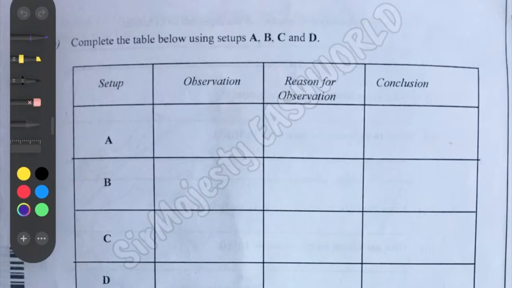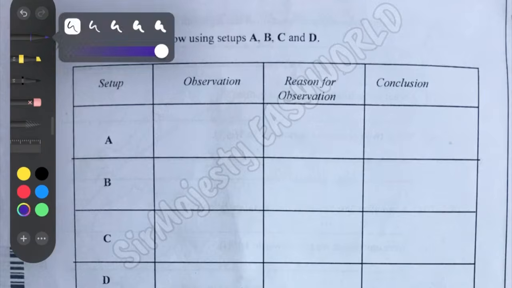So setup A, observation: there will not be germination, or the seeds will not germinate, or you say seeds will not germinate. Anyone is accepted.